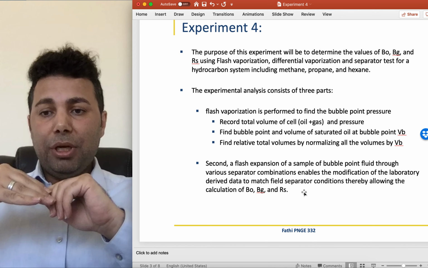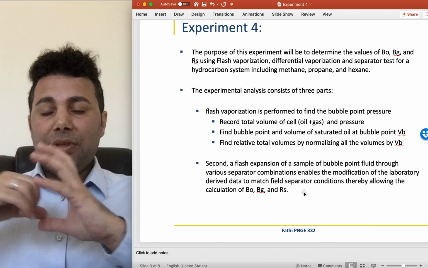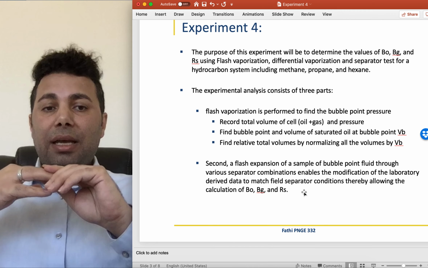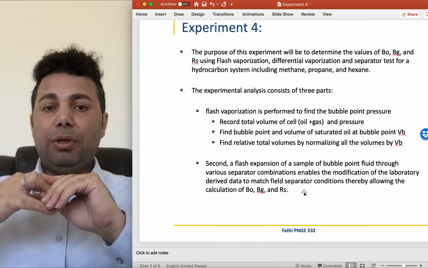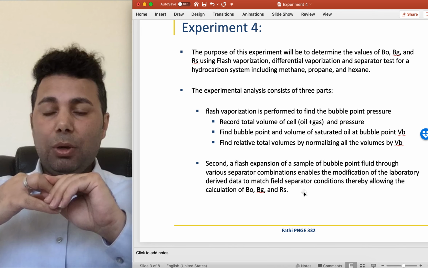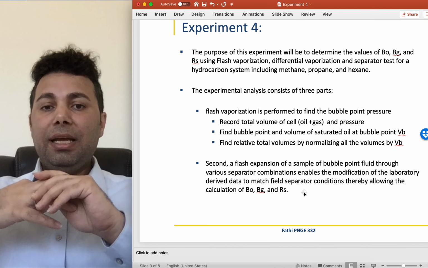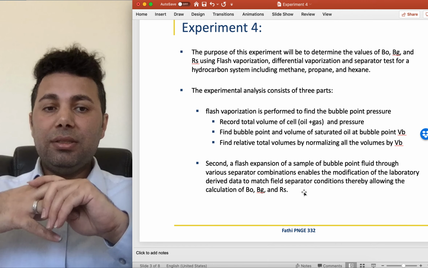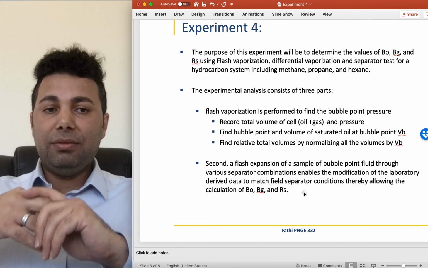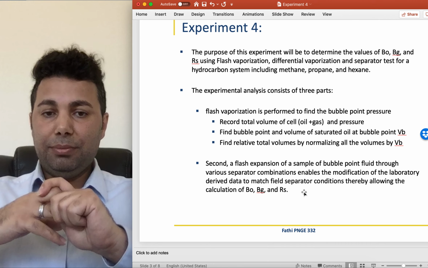As we drop the pressure, we measure the total amount of gas and oil. And then after we find the bubble point, we also record the bubble point volume. And then we divide all these volumes that we measured at different pressures by the volume at the bubble point.